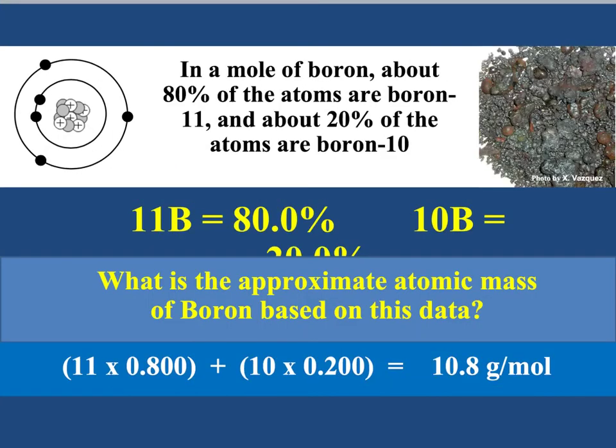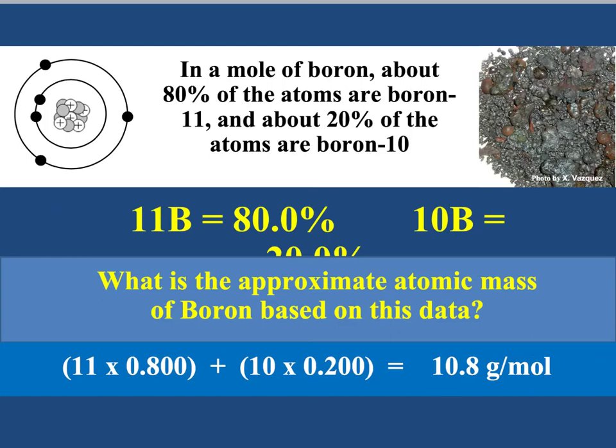Alright, so here's another example. In a mole of boron, about 80% of the atoms are boron 11, and about 20% of the atoms are boron 10. So they want us to figure out what is going to be the atomic mass of boron based on this data.